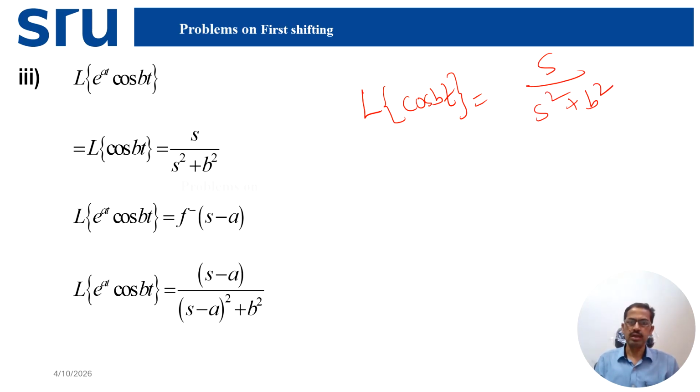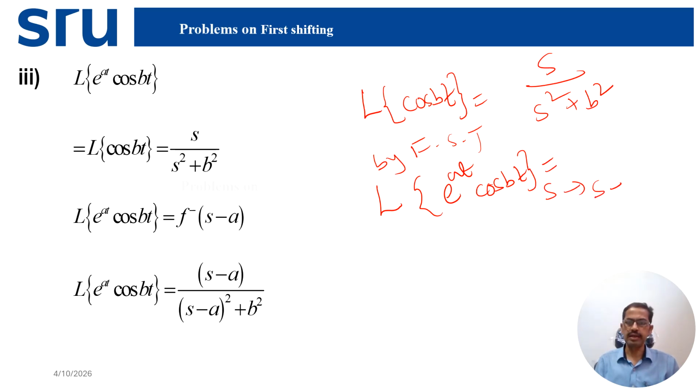Now by the first shifting theorem, the Laplace transform of e power at into cos bt is obtained by just replacing s by s minus a. So it is s minus a by s minus a whole square plus b square. This is by the first shifting theorem.